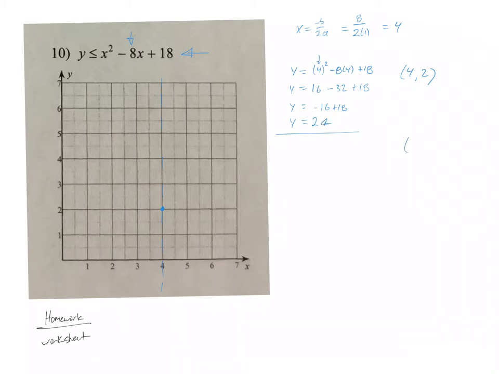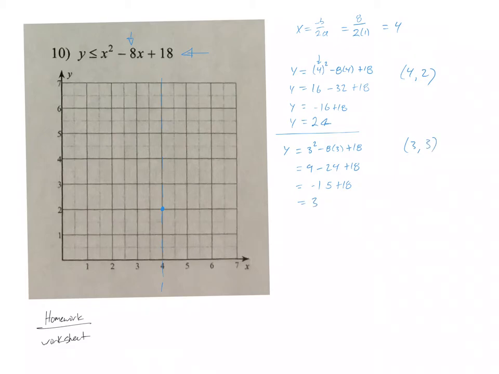Now let's come up with another point, maybe with 3 in it. So what is y equal to? It's going to be 3 squared minus 8 times 3 plus 18. 9 minus 24 plus 18. That's going to be negative 15 plus 18, which gives me 3.